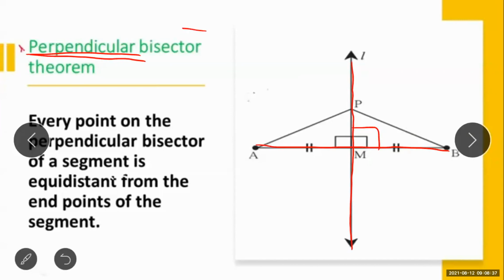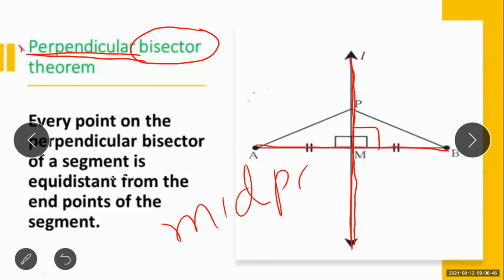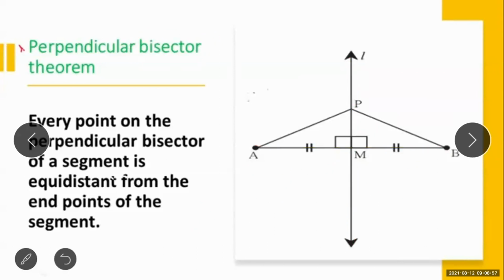And bisector means this perpendicular is drawn exactly from the midpoint of the segment. Because of that, the segment is divided in two equal parts. Here you can see the congruency symbol. Those two segments are of equal length. So it is called a bisector.